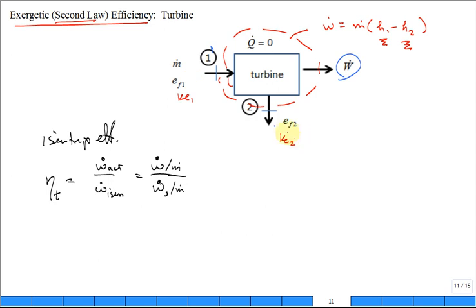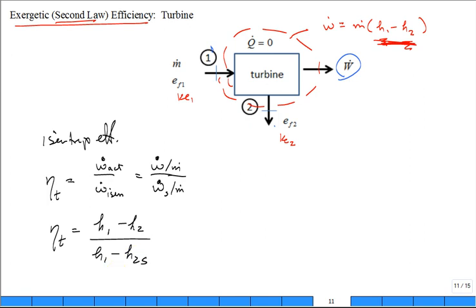Typically they're negligible in the energy contribution, so we just assume that kinetic energy change is negligible and the potential energy change is negligible. It's just the enthalpy change across that turbine. So for a review, the isentropic efficiency of the turbine is H1 minus H2 divided by H1 minus H2S.